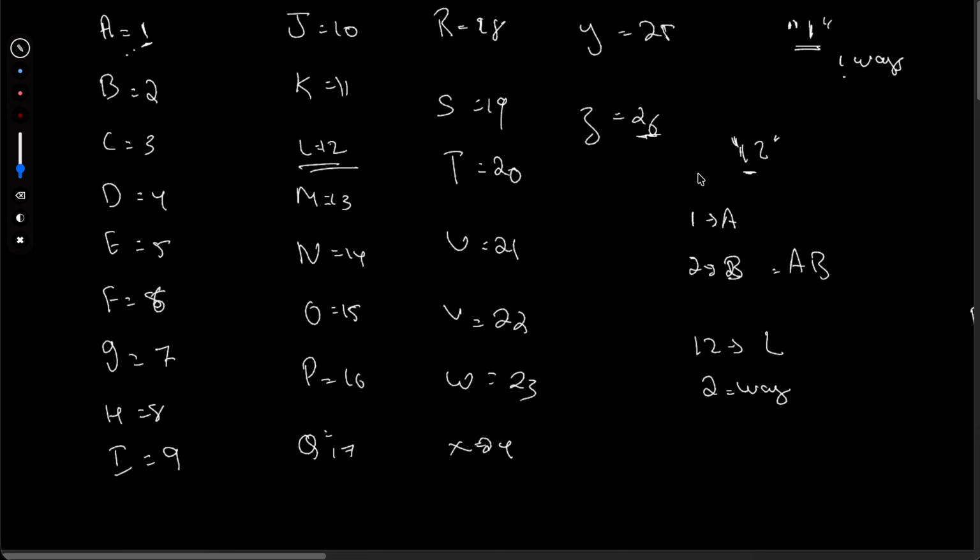You must count how many different valid ways you can break the digits into numbers between 1 and 26. That's it, nothing more.